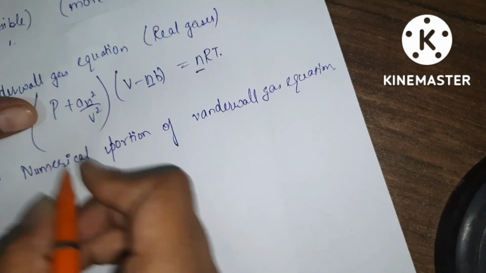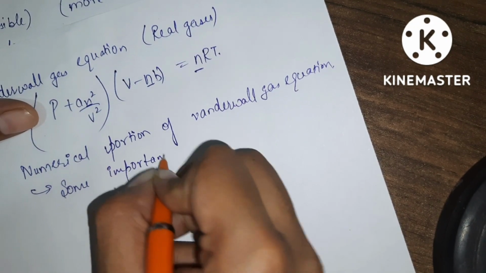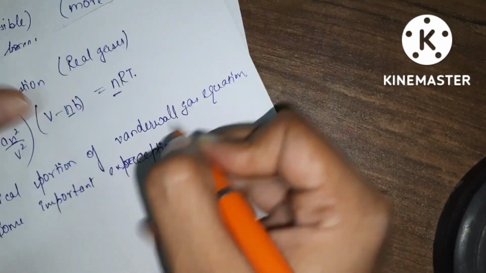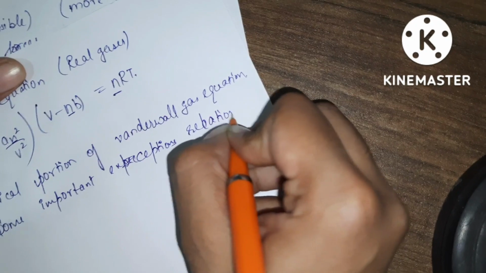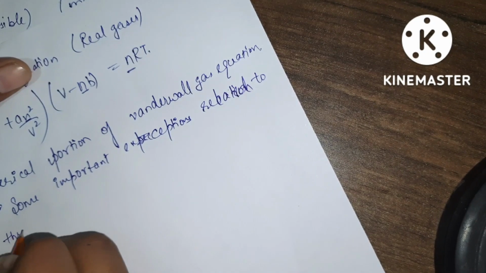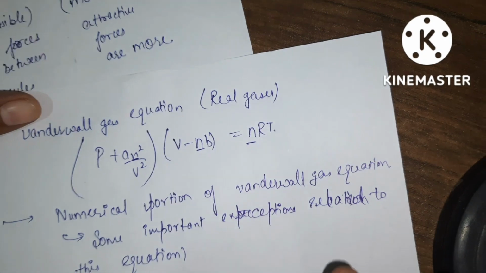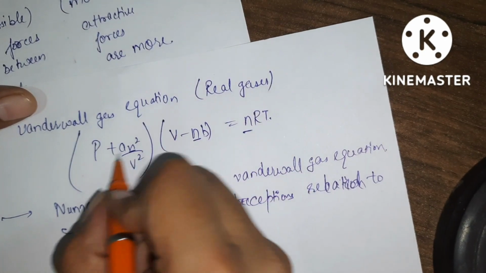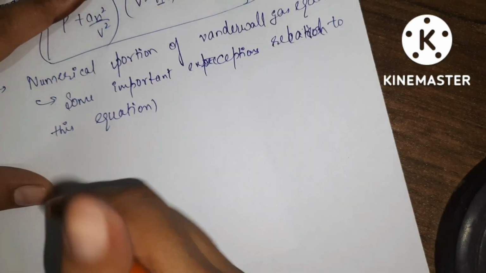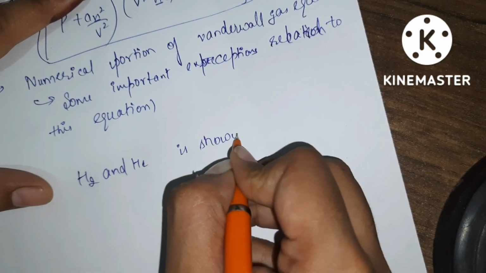And some important exceptions related to this equation, because if we change the pressure, meaning pressure is high or volume is high, we are going to get a different equation for that, because H2 and He show positive deviation.